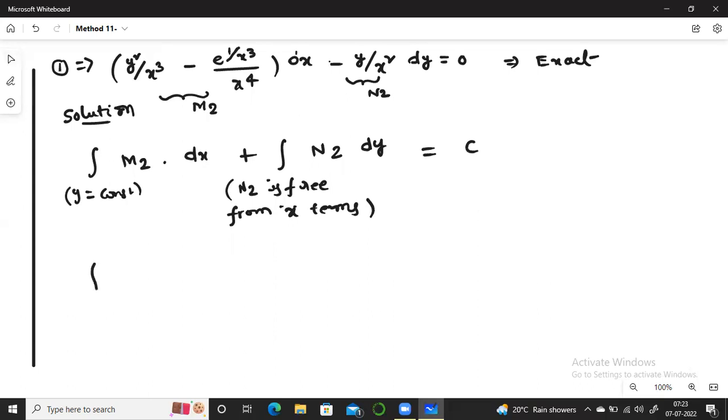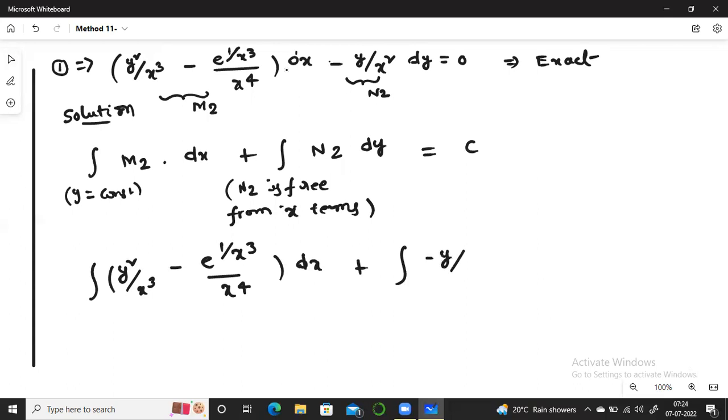So integration of M2 dx, M2 means y square over x cube minus e to the power 1 over x cube over x to the power 4 dx, plus integration of N2 dy. N2 means minus y over x square dy is equal to constant.